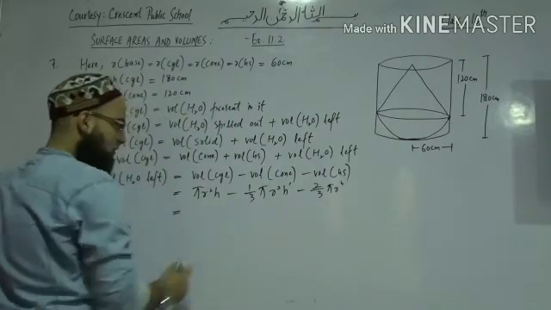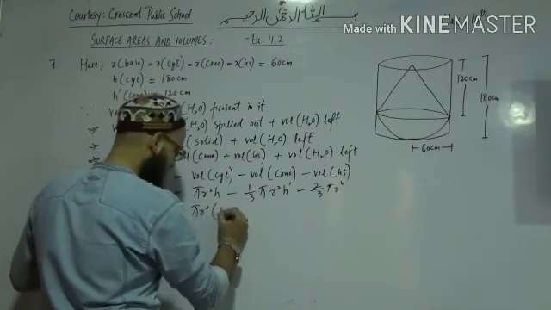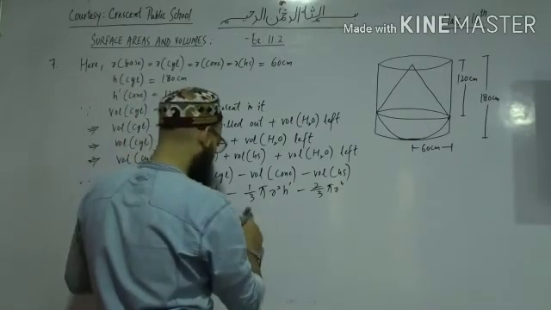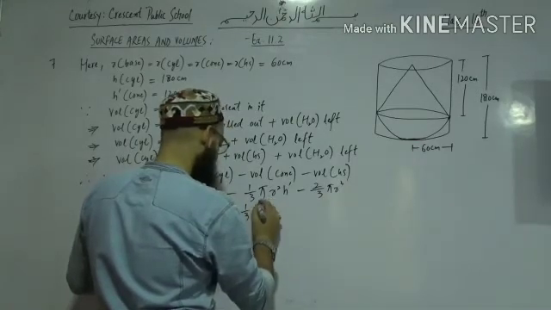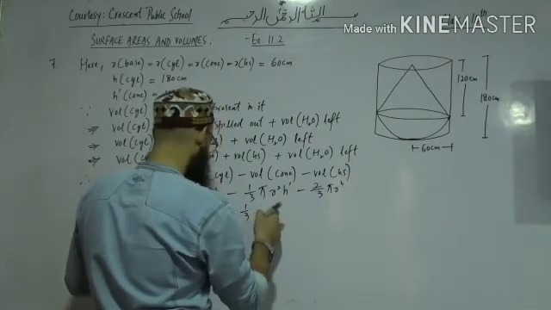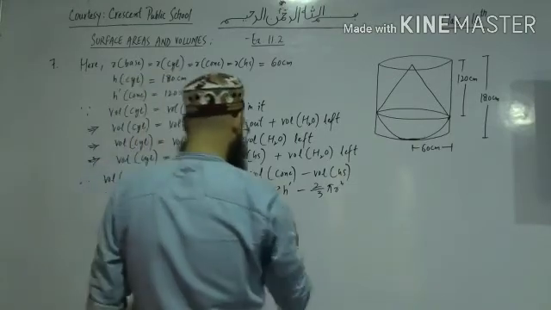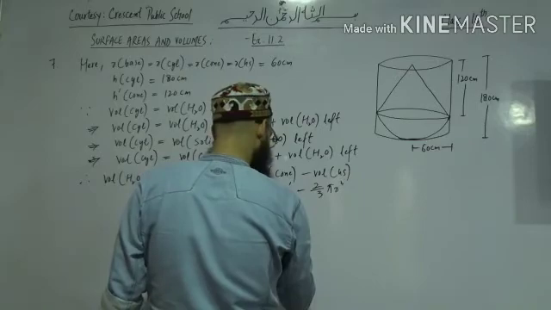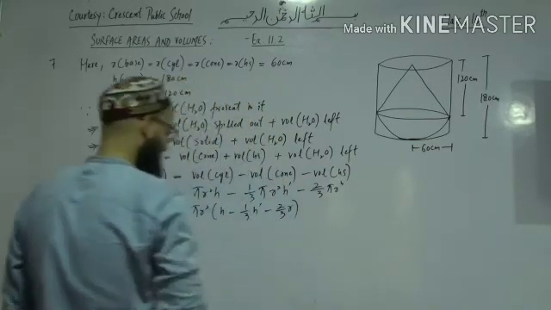Now what you can take common, pi r square you can take out, then h minus 1 by 3 h dash, then minus 2 by 3 r.